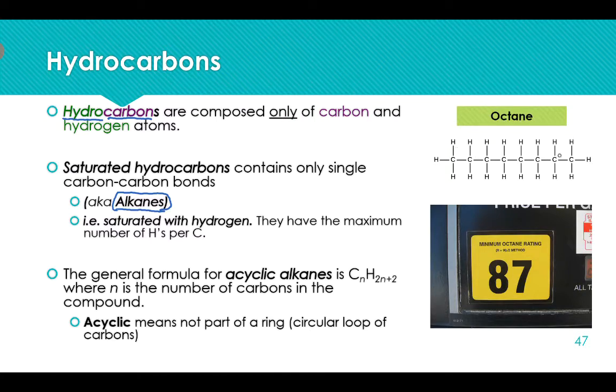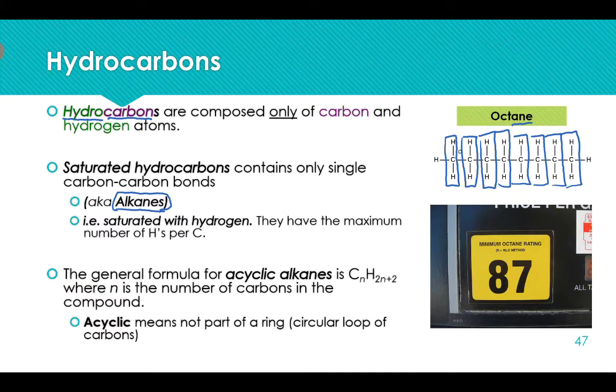You can see in the figure for octane over here, octane is an alkane. It ends with ane as well. And the chemical formula for octane is going to depend on the number of carbons. We know that carbon will bond to enough things that it has 4 total bonds.